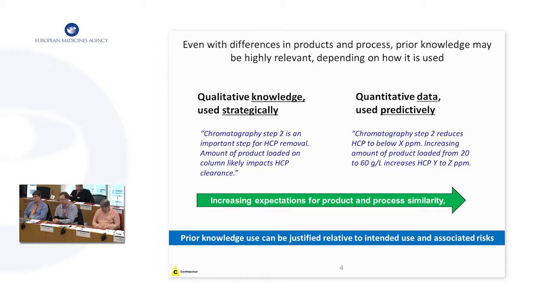And it's quite different than using knowledge quantitatively to predict the exact outcome of a unit operation. And the expectation for the exact similarity of molecules, the exact similarity of the processes, may be less for qualitative understanding of the effect of an input on the relative output. So we can really use, in a justified fashion, prior knowledge based on how it's used and the associated risks.